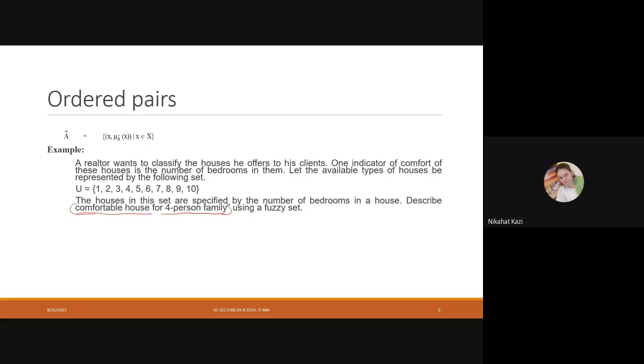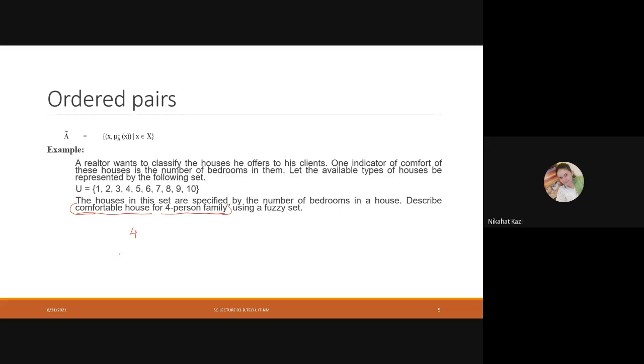Each of these elements represents the number of bedrooms. So what will be the membership of these elements?